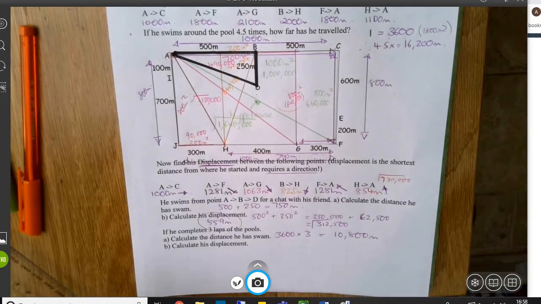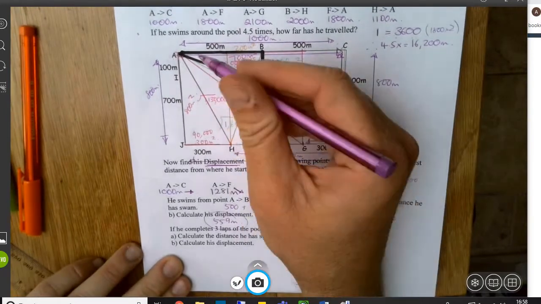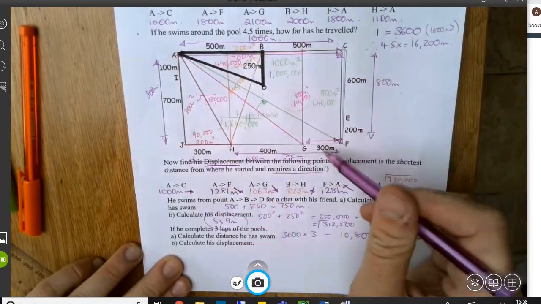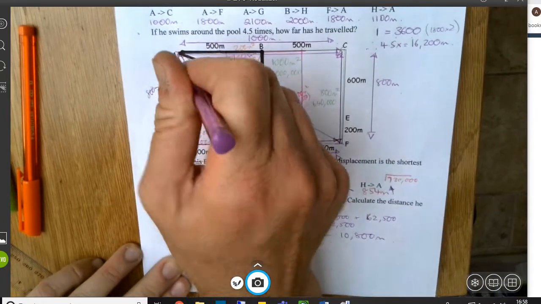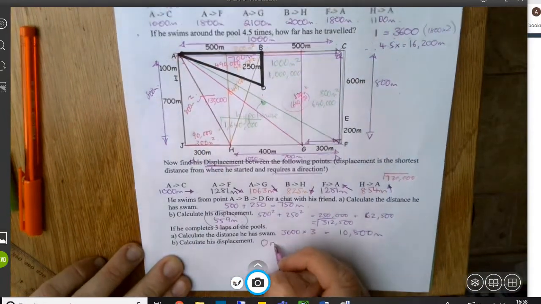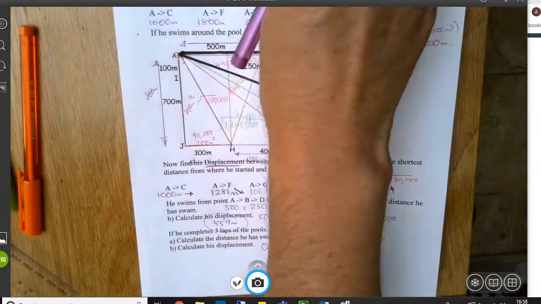And then the last thing, calculate his displacement, is a slight trick question, because he has gone all the way round and his start is here and his finish is here as well. So our answer is 0 meters.